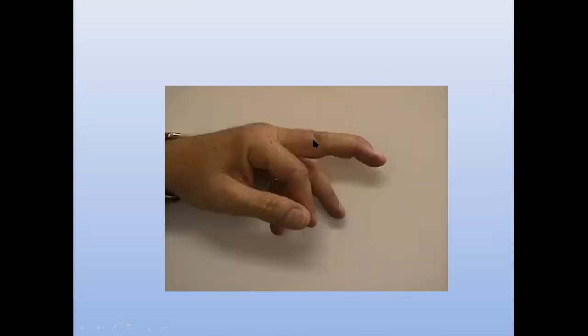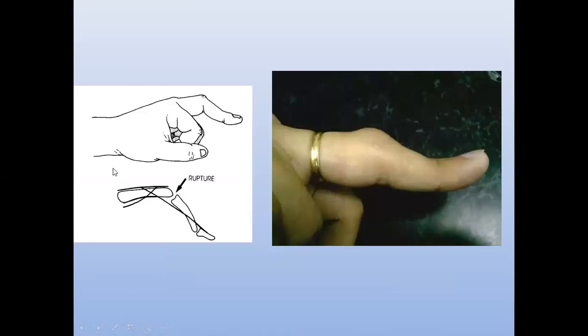Mallet finger is a case of ruptured extensor tendon injury. Because of this extensor tendon rupture, the patient is not able to do distal interphalangeal joint extension. That is called a mallet finger. This is the schematic diagram. Suppose the patient loses his extensor tendon over here, he'll get something called a mallet finger.